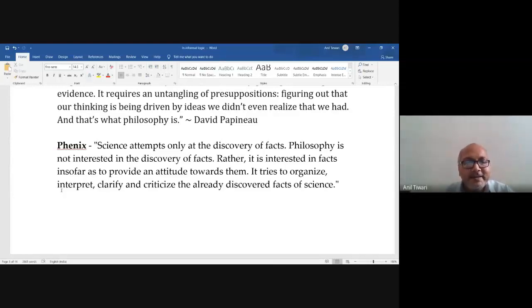It tries to organize, interpret, clarify, and criticize the already discovered facts of science. So what Phoenix is suggesting is that the job of philosophy is to reflect on the scientific findings, right? This is one of the ways of engaging oneself philosophically, what you call philosophy of science, basically, right?